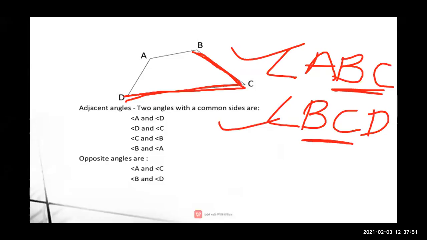So BC and BC is common. So what is remaining? A and D. So that's why this A and D is the adjacent angle.